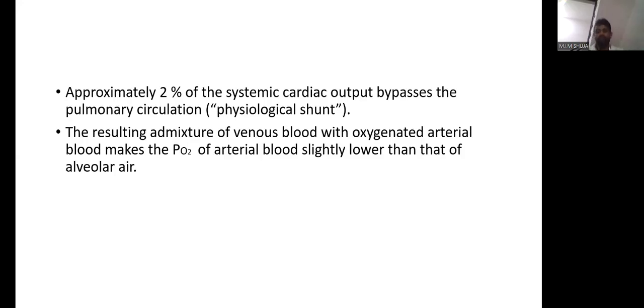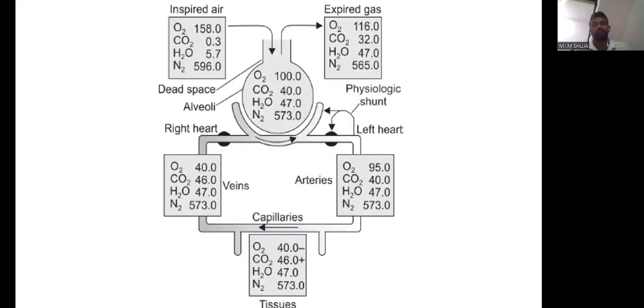So that's what they are saying. The resulting admixture of venous blood with oxygenated arterial blood makes the partial pressure of oxygen of arterial blood slightly lower than that of alveolar air. So in inspired air, the partial pressure of oxygen is 158. In alveoli, it is 100.